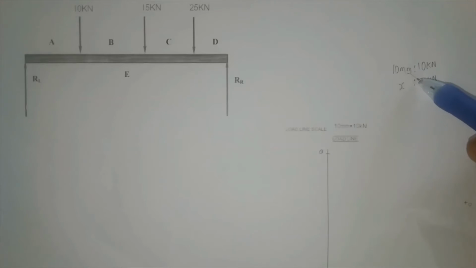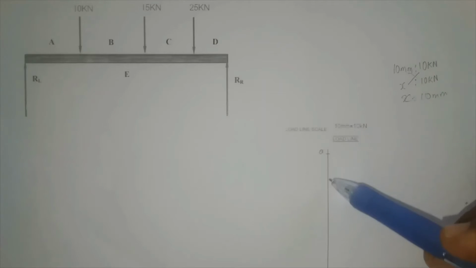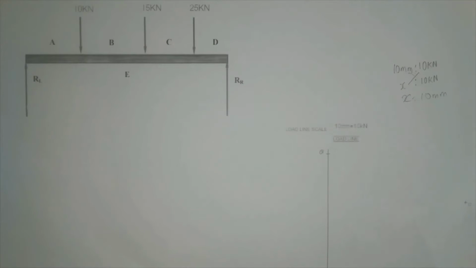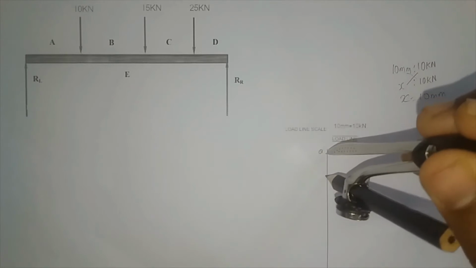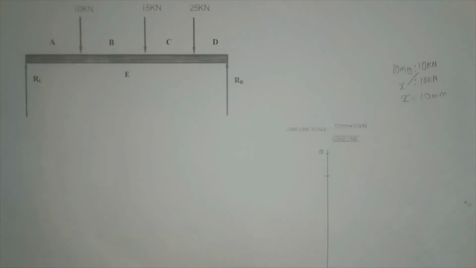So I'll cross multiply. The value of x comes to 10 millimeters. So my distance from A to B should be 10 millimeters. I'll measure 10 mm on my compass, go to point A and mark point B on the load line.